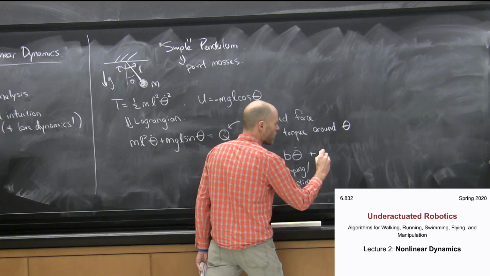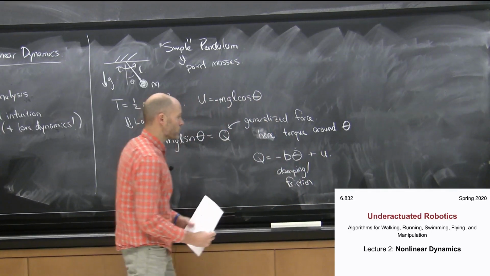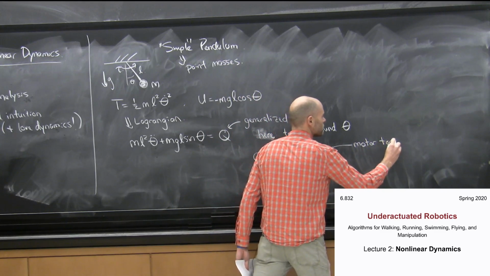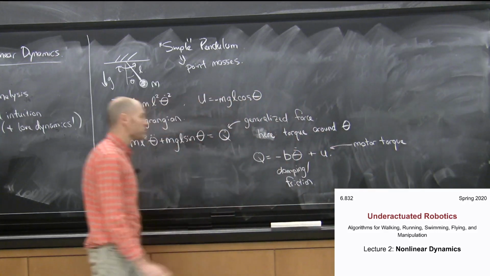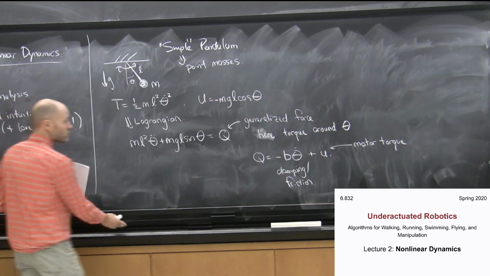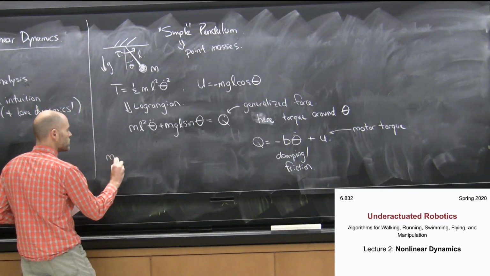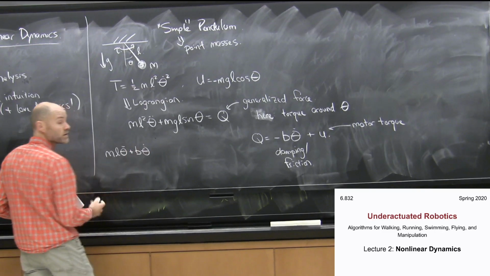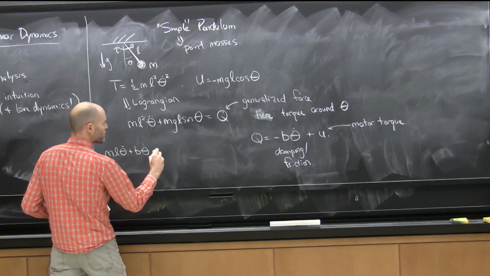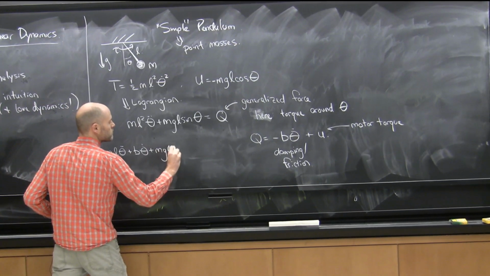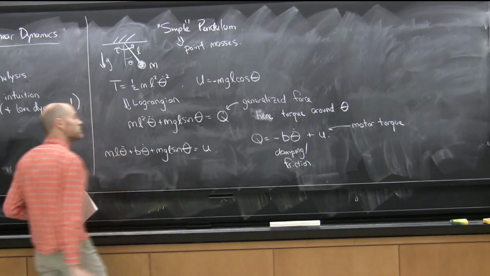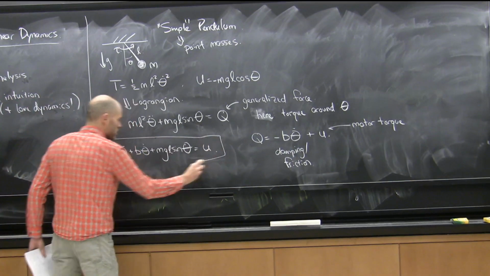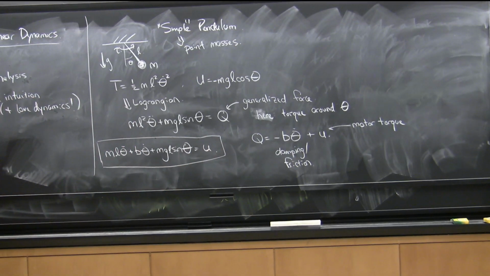So tau, or I'll just start using U here because we think of U as our input. So that gets us to, if I move the damping over here, then it looks like a standard second order spring damper kind of equation. These are our pendulum equations to know and love.